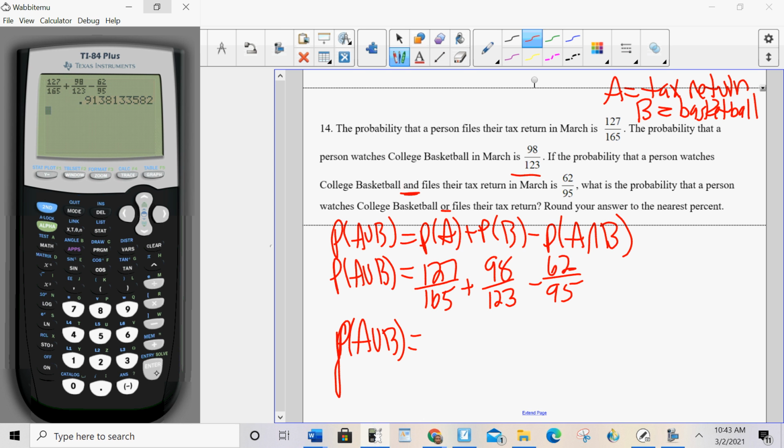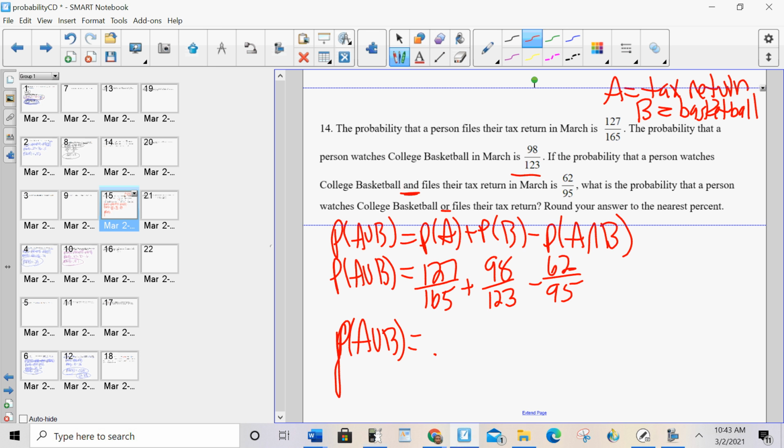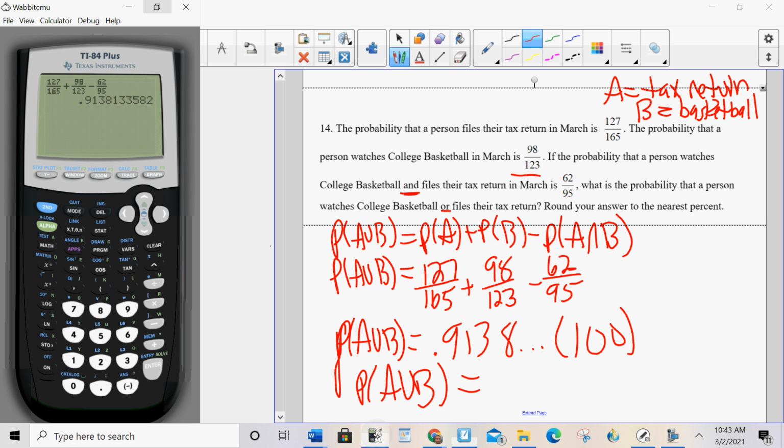It wants the answer to the nearest percent, so I'll just write 0.9138 dot dot dot. To make it into a percent, multiply it by 100. To the nearest percent is 91%.